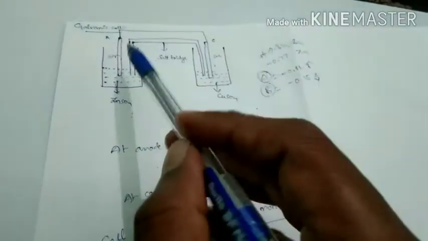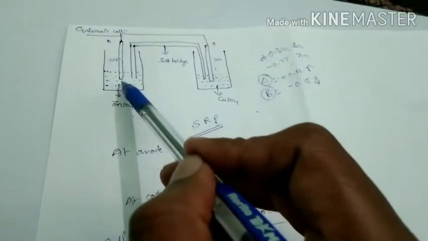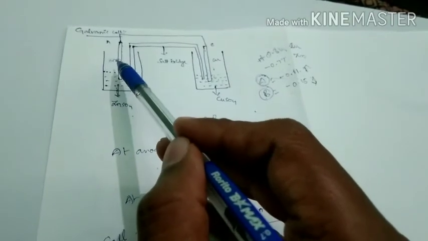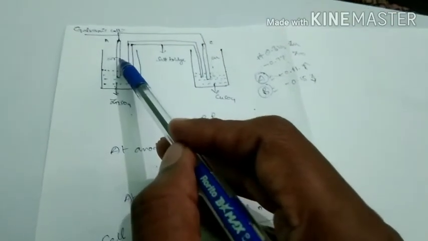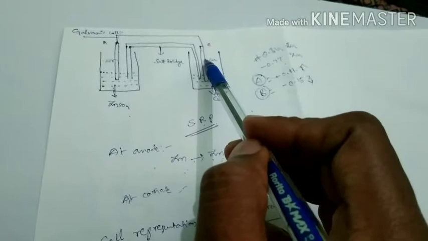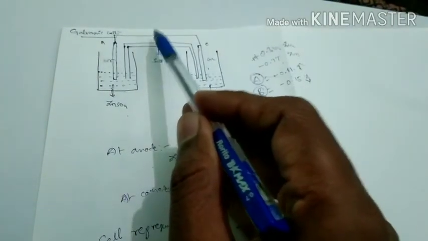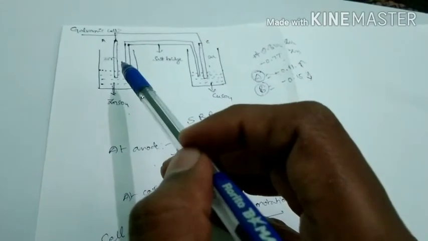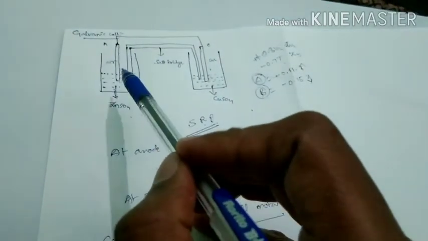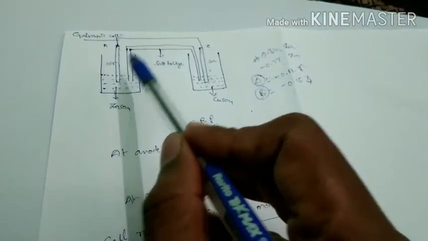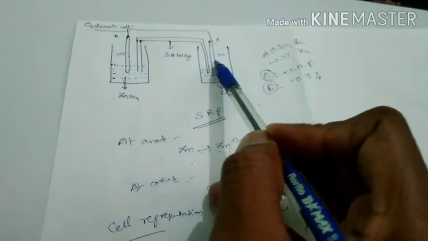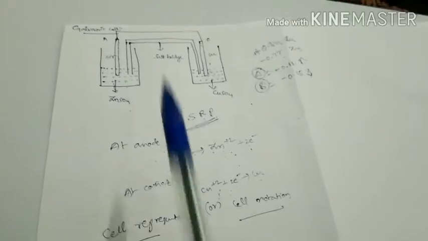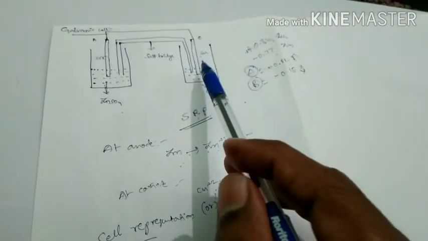I repeat once again: when the zinc rod dissolves, the electrons lost by the zinc rod move from the zinc rod to the cathode rod through the external wire. That means in a galvanic cell, electrons move from anode to cathode. Very, very important point.